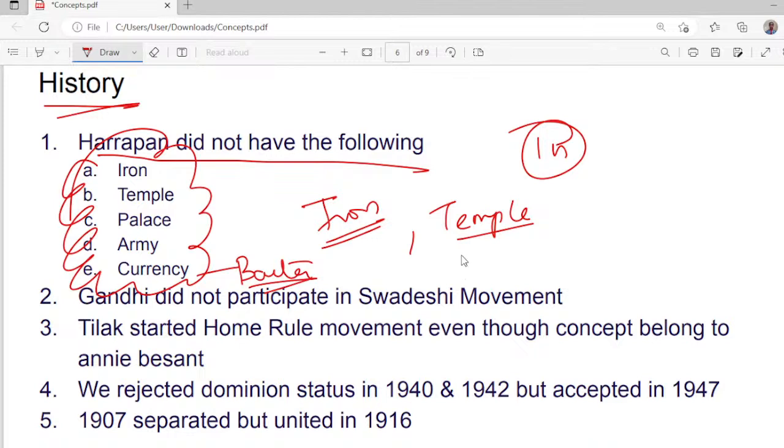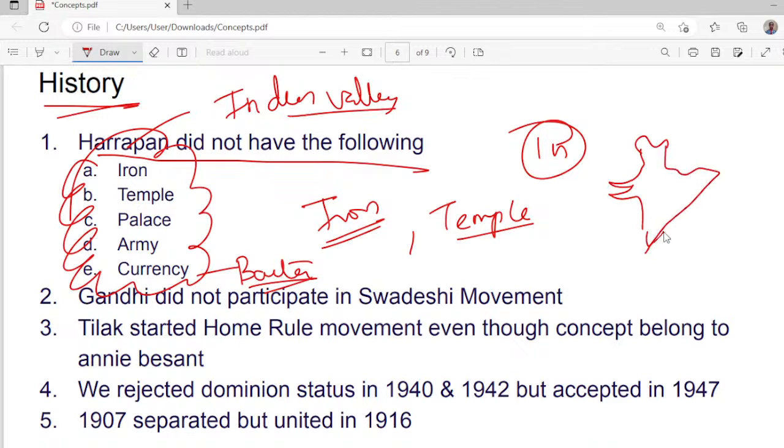Remember, when I say Harappan civilization, it also means Indus Valley civilization. If this is India, here one river is going, and that river is known as the Indus River. In this place we had a very grand, very big civilization, approximately 5,000 years ago. But this civilization disappeared later.